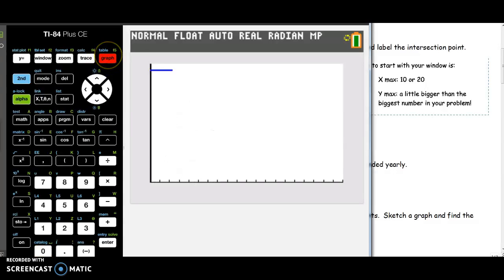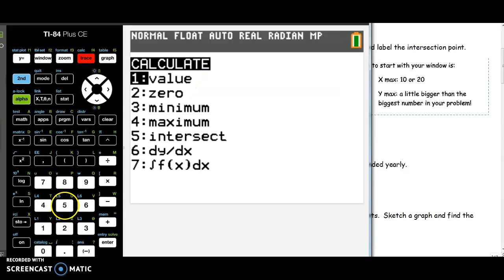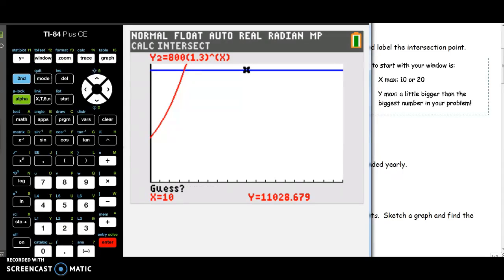Now if you hit graph, this is what you should see. The blue line represents whatever we're talking about at 2,000. And the red line represents the exponential growth of that problem. So what we're looking for is how long it took for this growth to get to 2,000. So if you remember, we would hit second trace 5, enter, enter, enter.